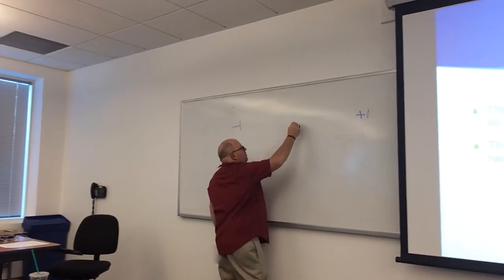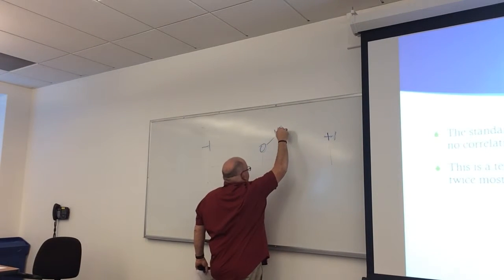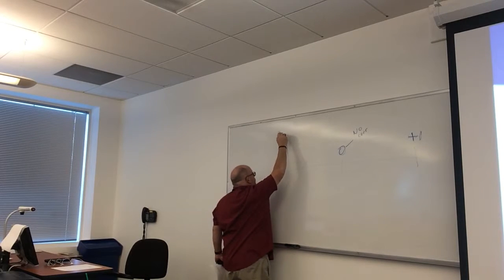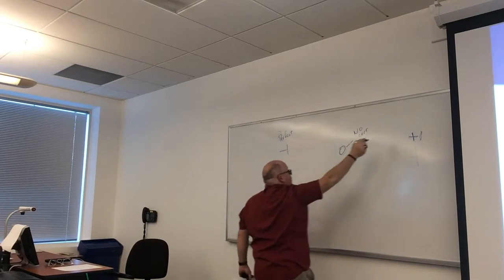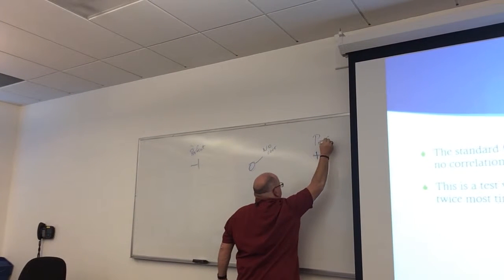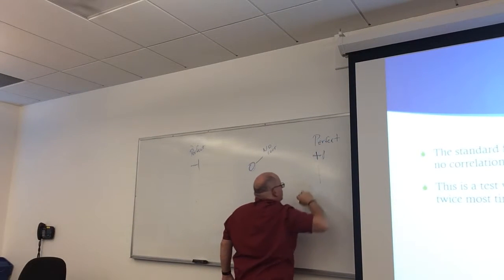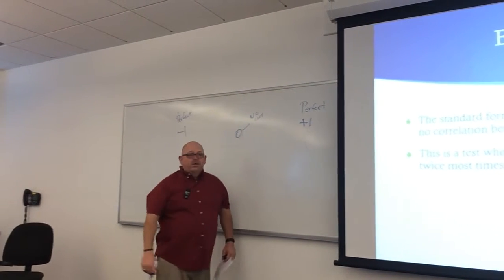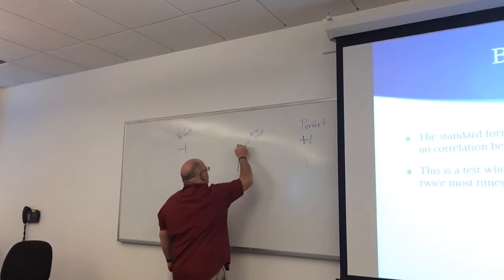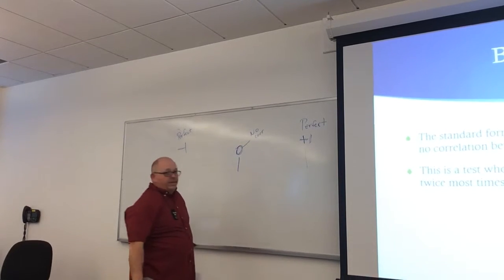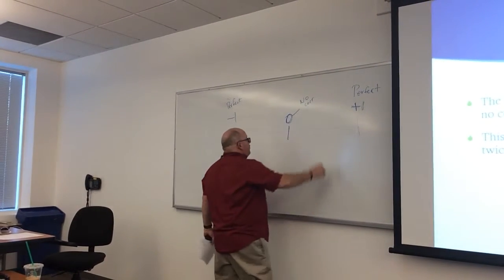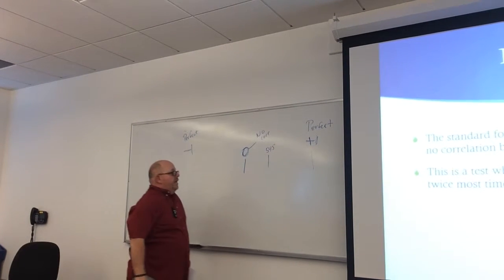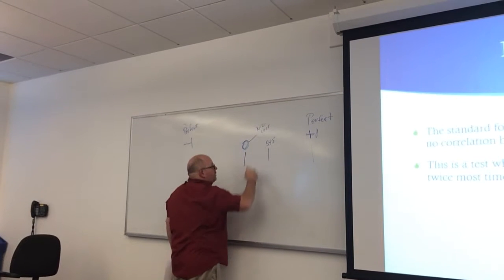This in the middle means there's absolutely no correlation. Over here, this is a perfect correlation, and over here, this is also a perfect correlation. You say, how can they both be perfect? Here's the concept for tonight. Zero has absolutely no correlation at all. If I take a number like .545, on this side it would be positive, with no plus sign in front of it.